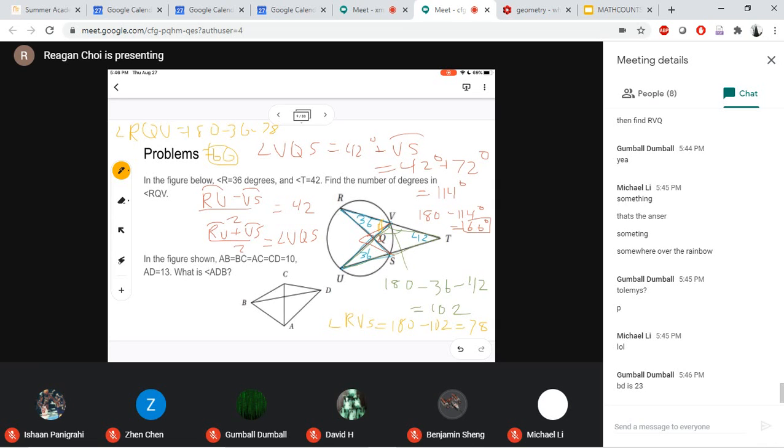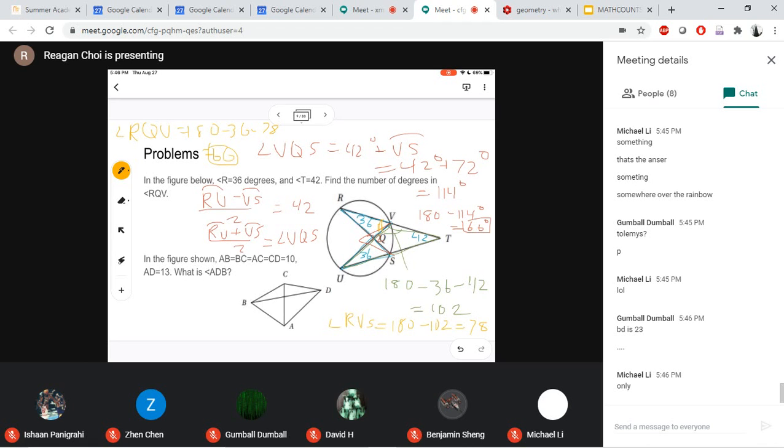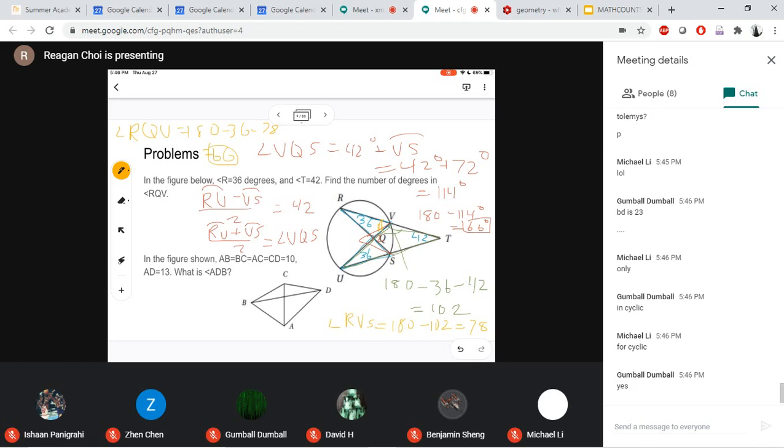BD is 23. Well, Ptolemy's is, when is Ptolemy's used? In cyclic. Is this quadrilateral cyclic? Yes? Okay, let me label in the lengths first.